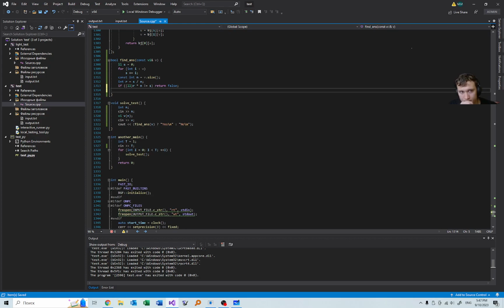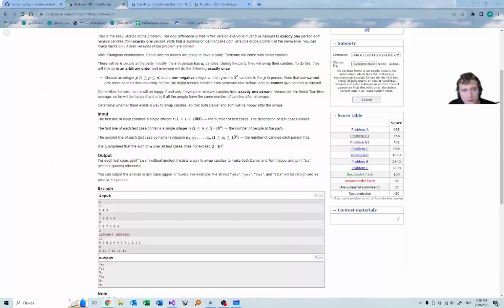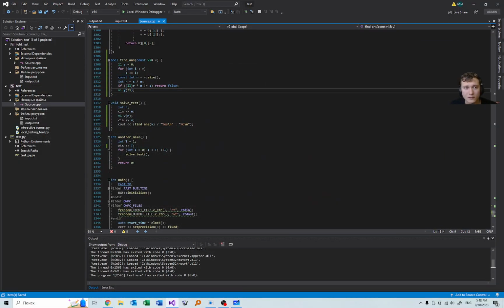Okay. After that, we need to register all numbers. Like, we need to register the powers of 2. So we make a vector of size 30, I think. Maybe even 31. Let's do it safe.